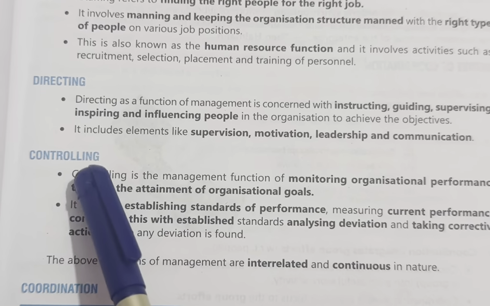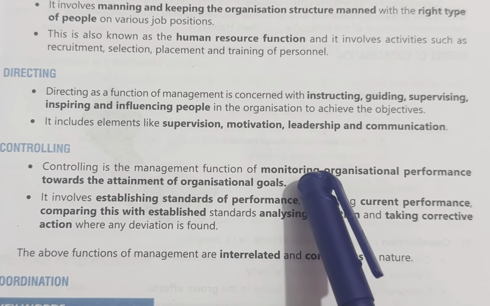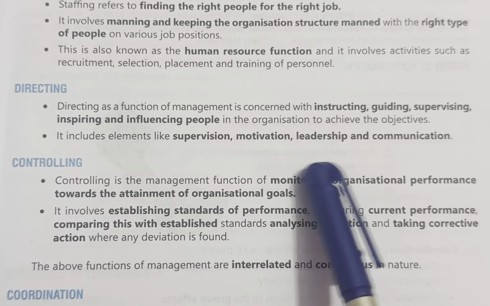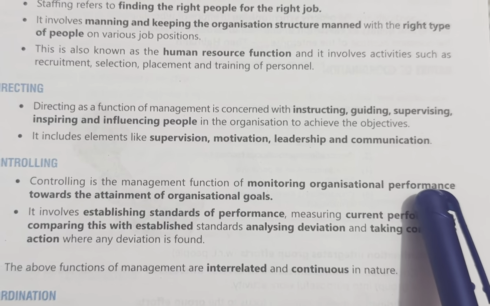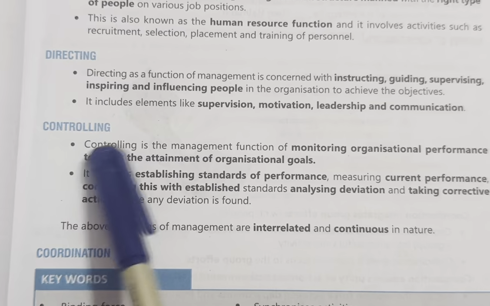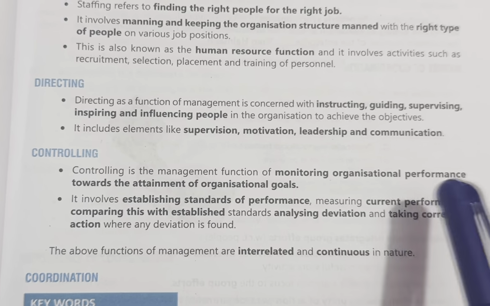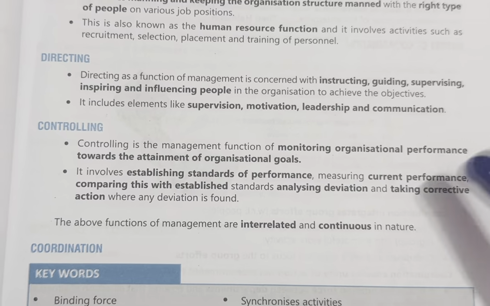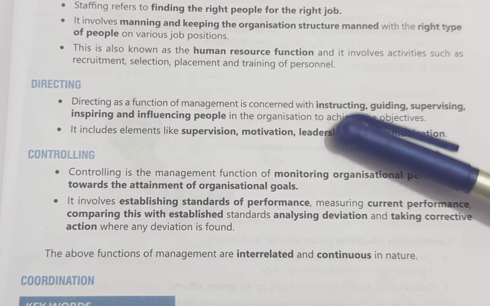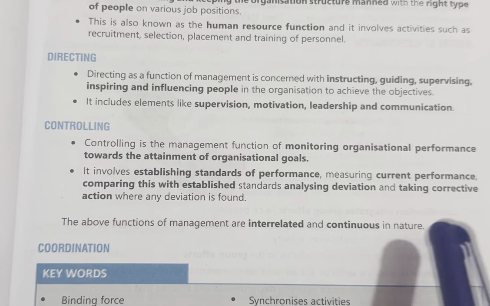Last function is controlling. Controlling is the management function of monitoring. Monitoring means to see organization performance towards the attainment of organizational goals. So controlling here refers to monitoring, to watch carefully the organizational performance, that whether the organizational goal is achieved or not.